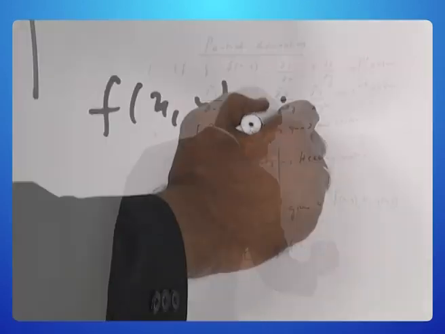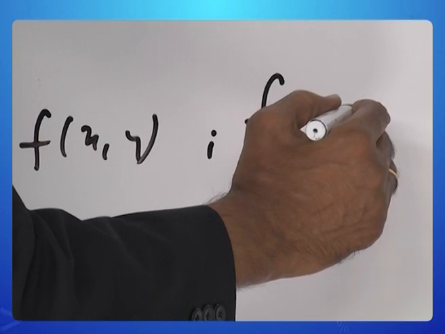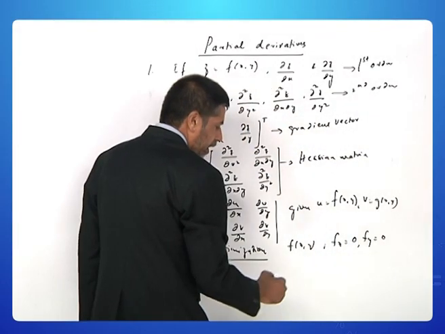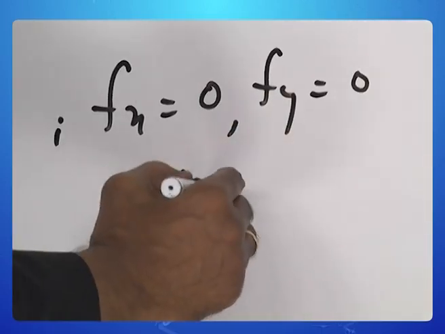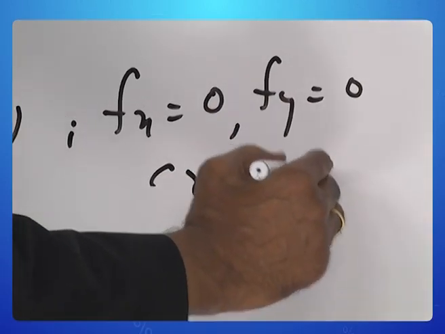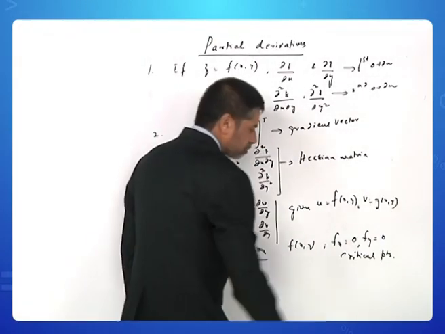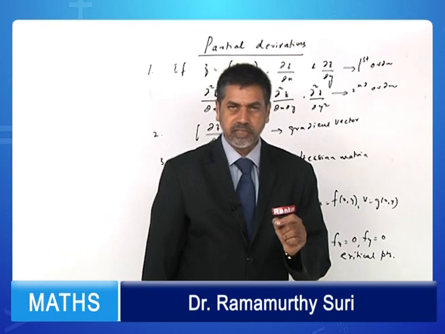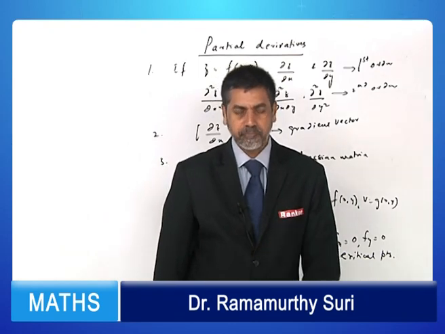Then you first solve ∂f/∂x is equal to 0, ∂f/∂y is equal to 0, and by solving this you get what are known as critical points. Critical points are points where the function attains relative maximum or relative minimum.